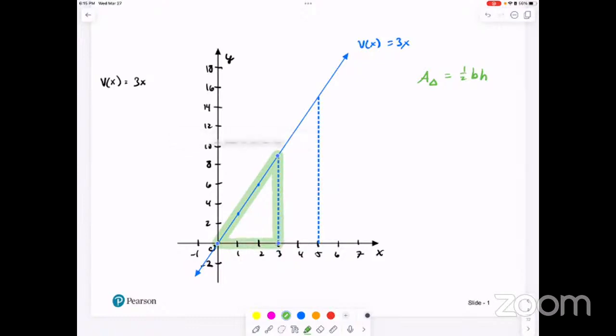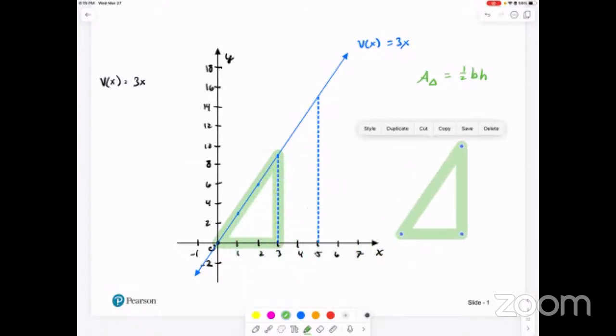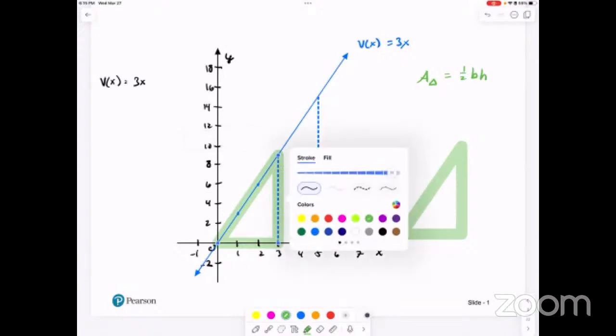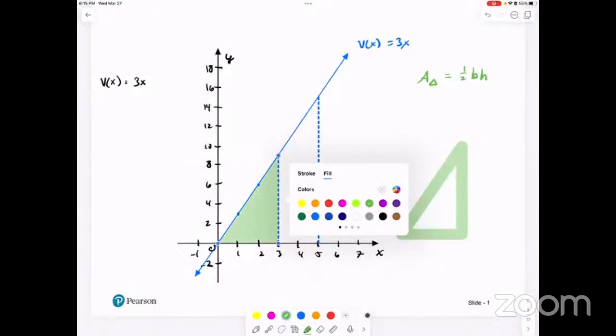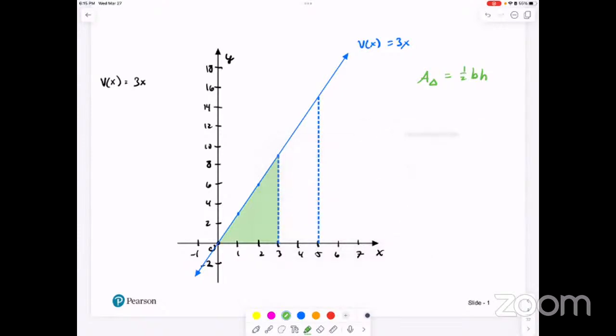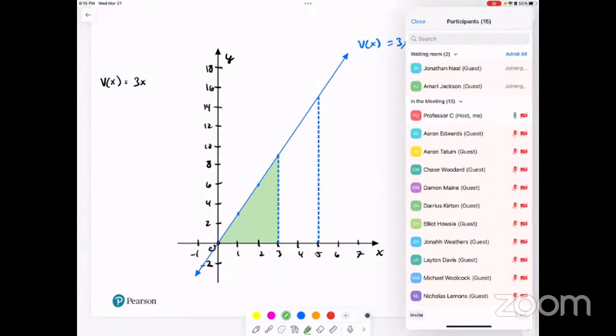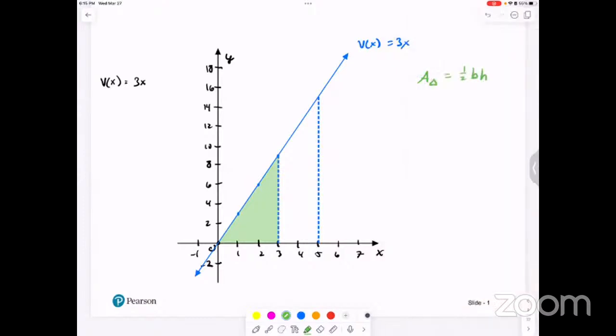Style. Let me change this first to like that is fine. Fill. That's decent. I can delete this for now. Let me let the student in. Who else?